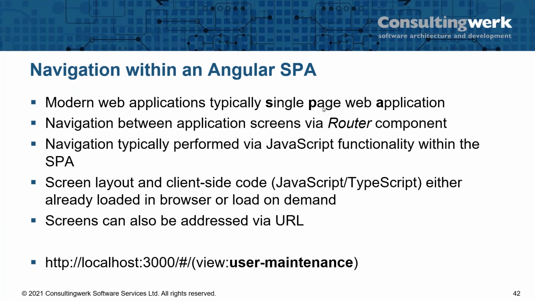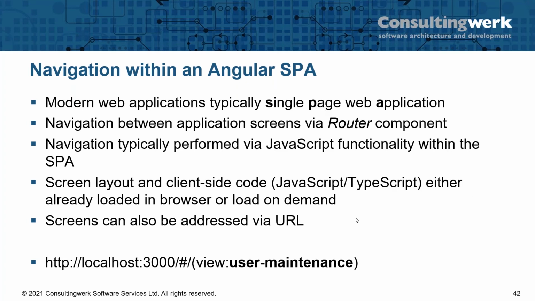And if we look at the URL at the bottom, localhost port 3000, that's just my web server hosting an Angular application here. And there, as part of the URL, we see that I want to navigate to the view called user maintenance. Okay, and how does that work?